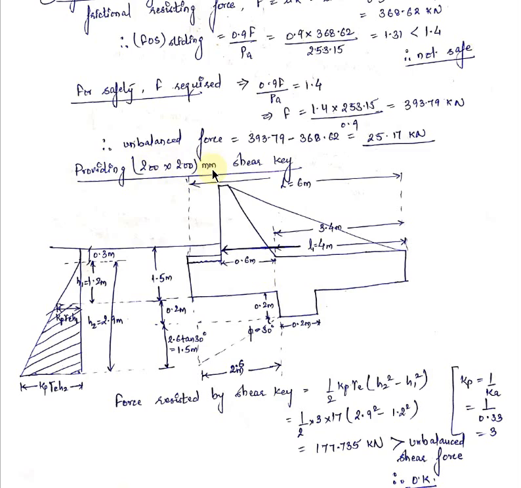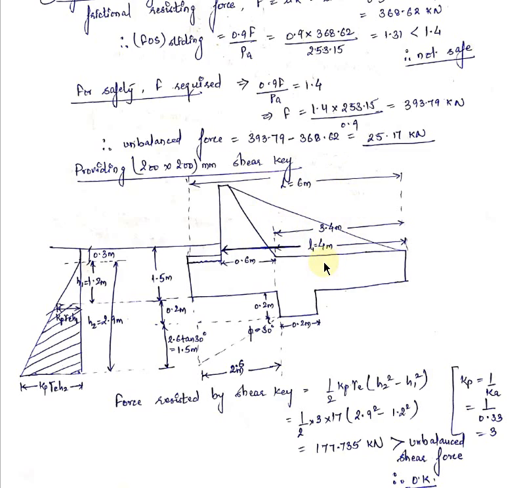See, when we provide a shear key, passive earth pressure starts to act on the retaining wall. So see, the soil that was here will try to push the retaining wall away from it. So the soil pressure which is acting on the back of the retaining wall is your active earth pressure.